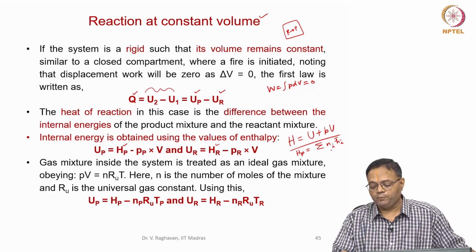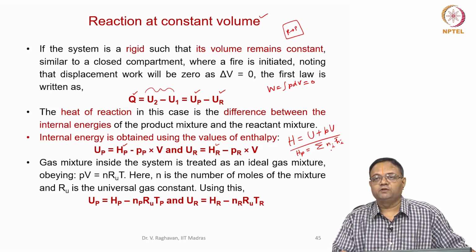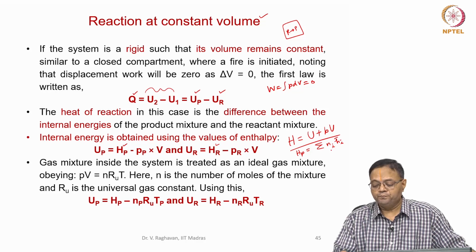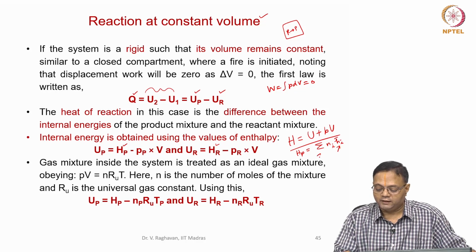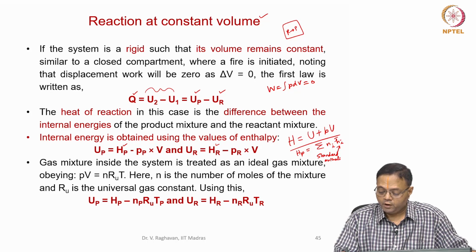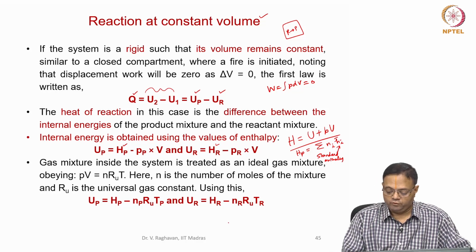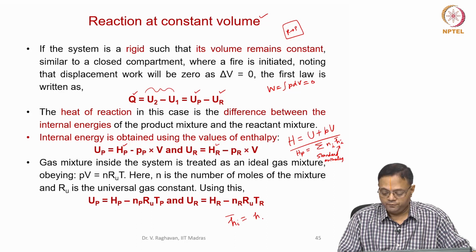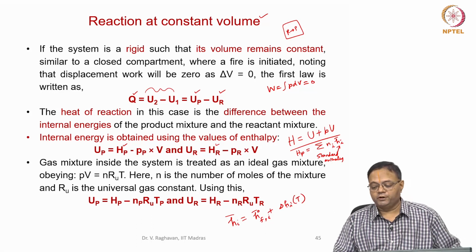So, once final products are formed, say if there are n product species, then Ni Hi bar will be the absolute enthalpy or standard enthalpy. You know how to find it. So, to recall this quickly, this is nothing but hf of i, that is the enthalpy of formation, plus the sensible enthalpy at a particular temperature.